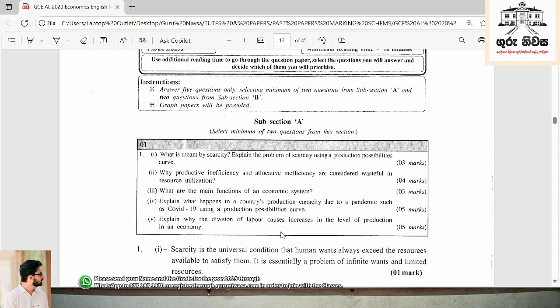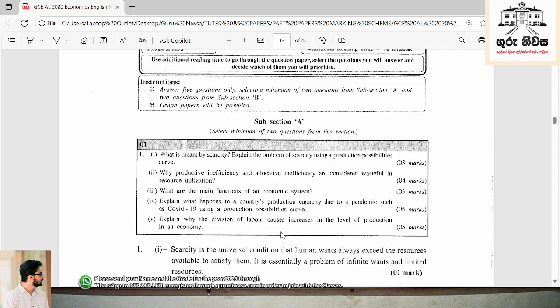Here 5 marks means, Lamai, you have to analyze what happens. In this answer you basically need to explain two points. You should say if this pandemic affects the economy's factor endowment and productivity of resources, the PPC curve shifts to the left side, and you should draw a PPC curve showing a reduction in production possibility or production capacity.